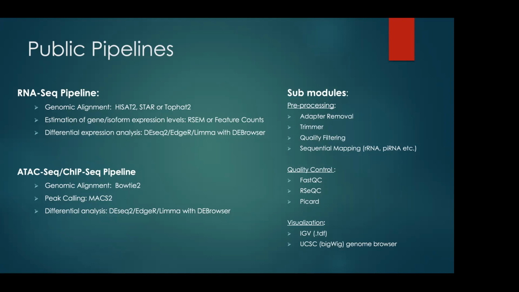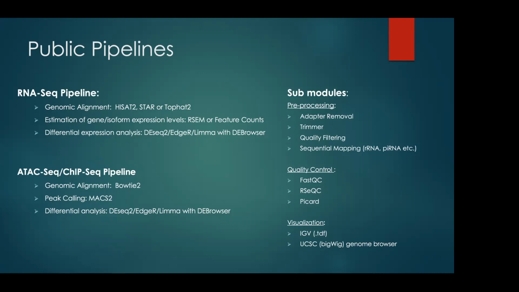We integrated DEBrowser inside our report tab, and you can use different methods to do your differential expression analysis. You can use DESeq2, edgeR, or limma inside this interactive tool.